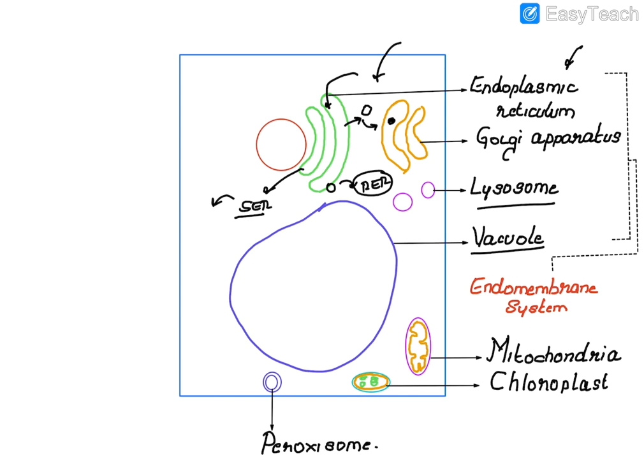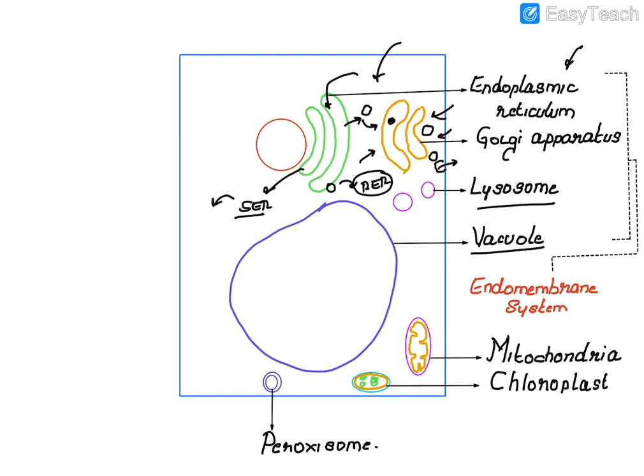The packed material to be sent outside is released from the trans face. From the trans face, a transport vesicle is released that joins with the plasma membrane, and the material is released outside. That's how the Golgi apparatus and endoplasmic reticulum function.